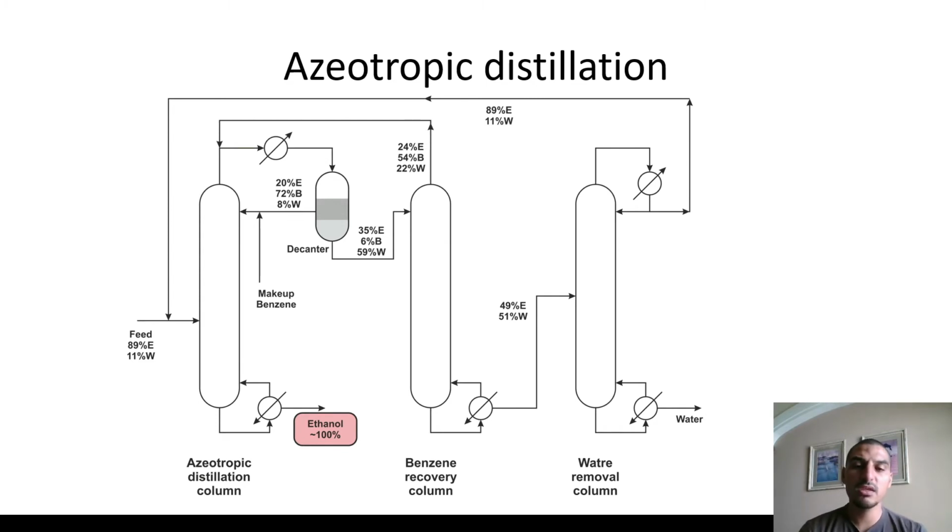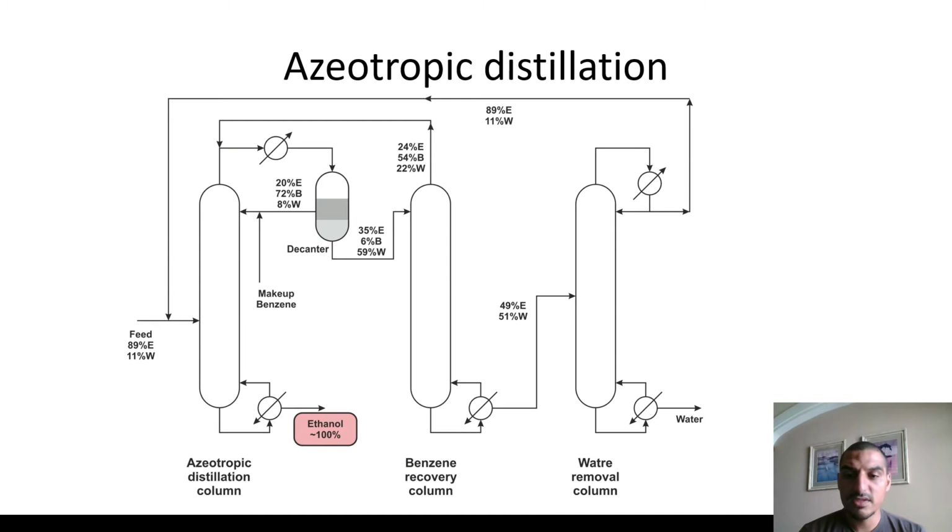So one thing that we can do is what we call azeotropic distillation. And by this, we mean that we are adding one more component to the system, which is benzene. And benzene forms an azeotrope with ethanol and water, so it's a three-component azeotrope. It's not a binary azeotrope, it's a ternary azeotrope.